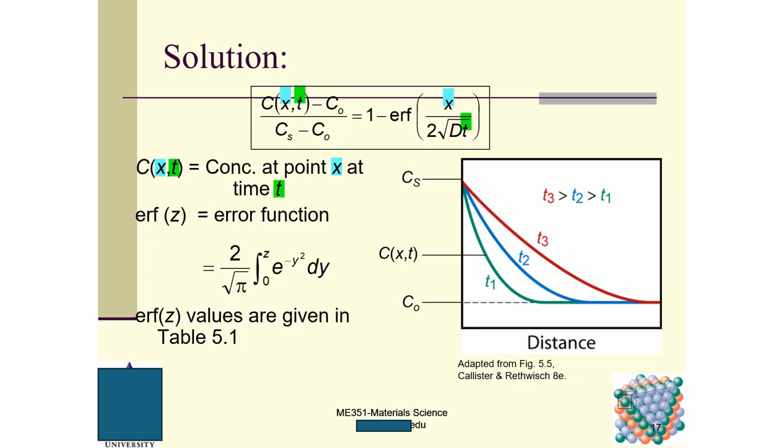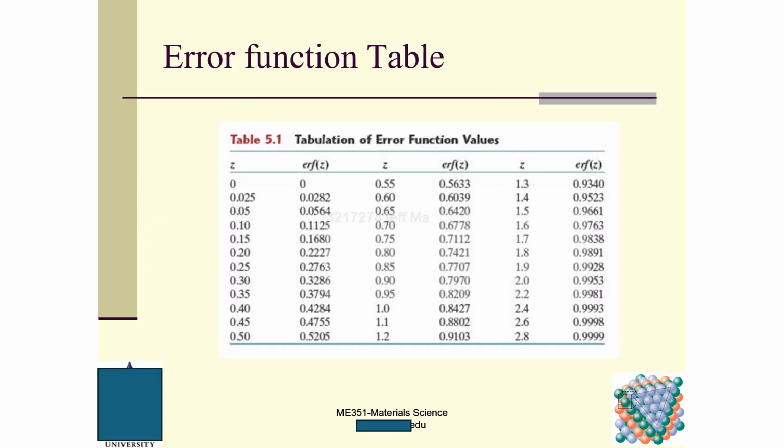C(x,t) is the concentration at the point x at time t, and erf(z) is the error function. This is defined using this equation, an integration of e to the power of negative y squared, and the values are given in Table 5.1. So this is a table of error function values, z and erf(z).